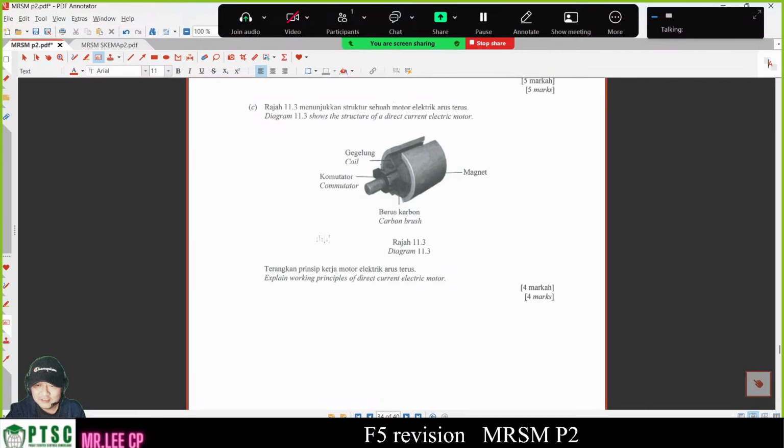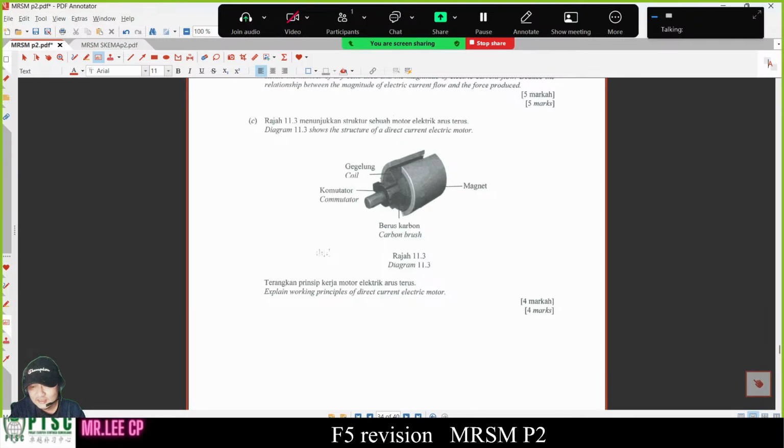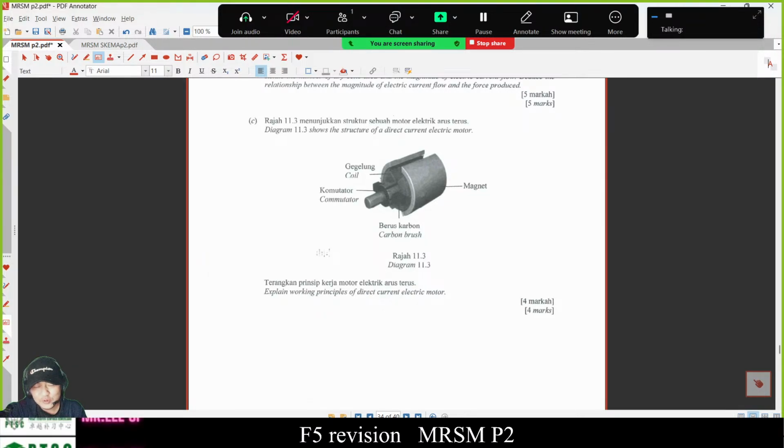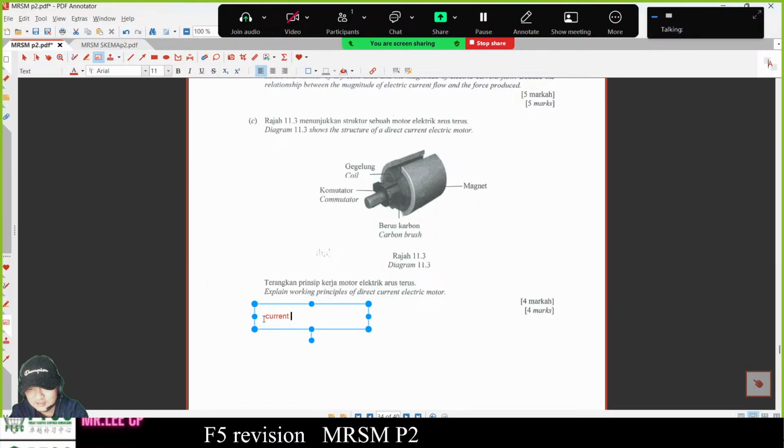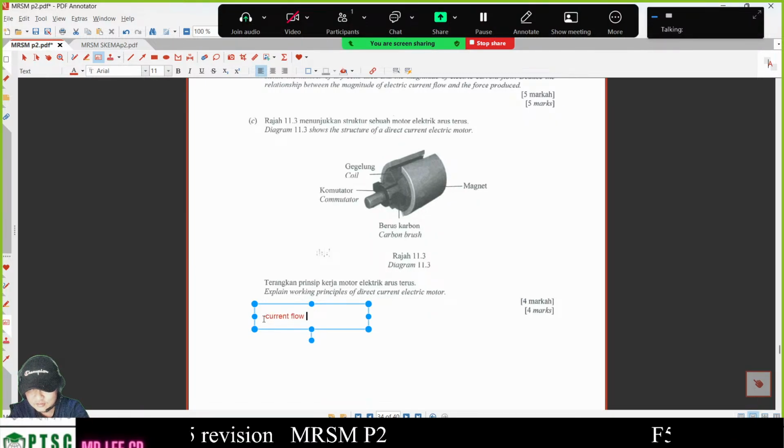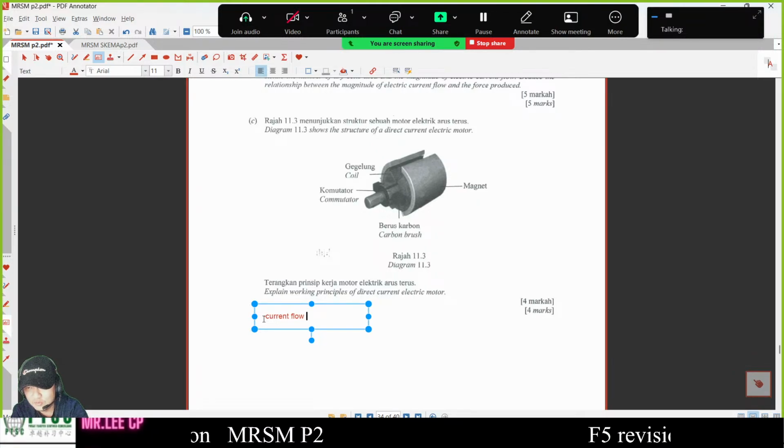So you see, they ask in this way. What do you want, right? So current flow, direct current motor.